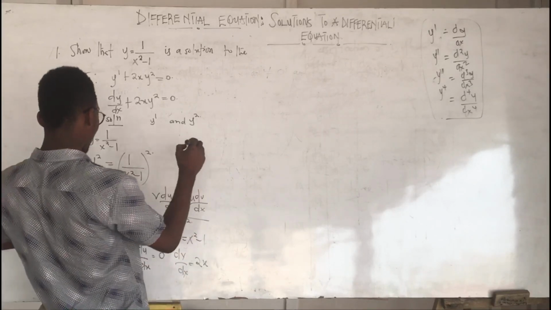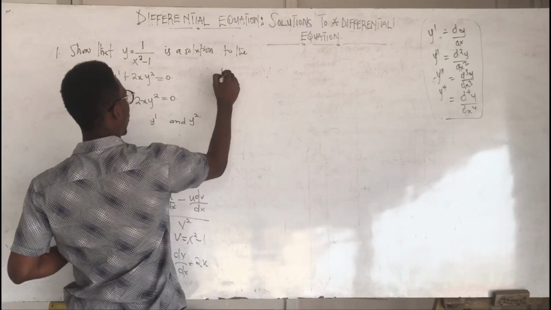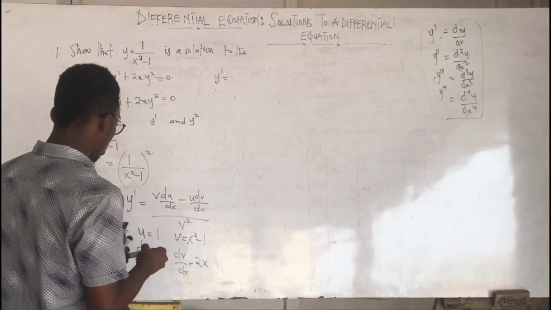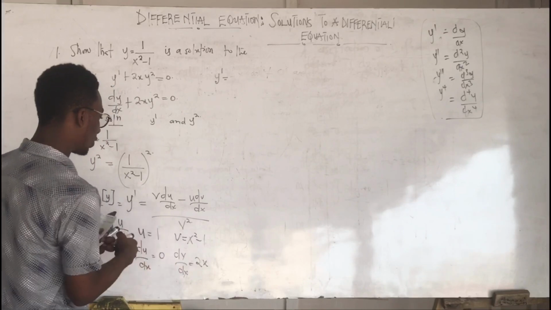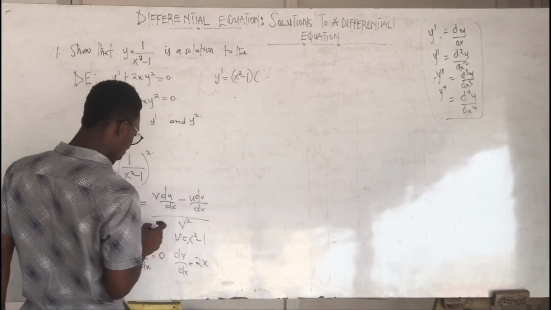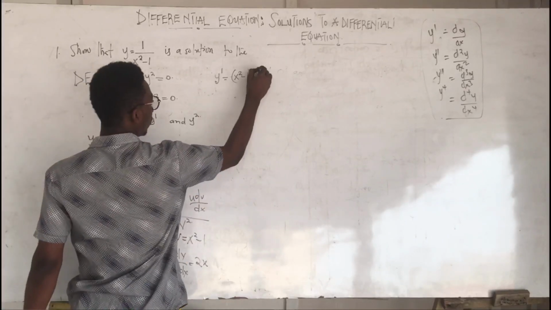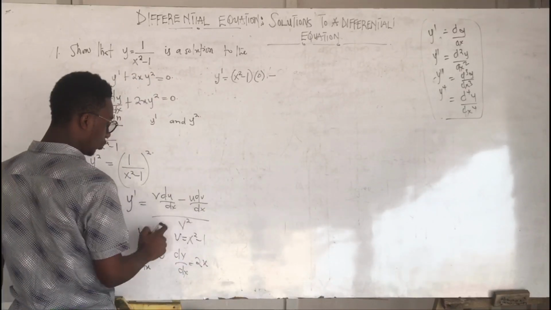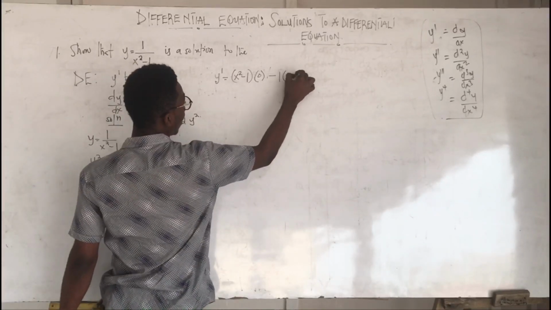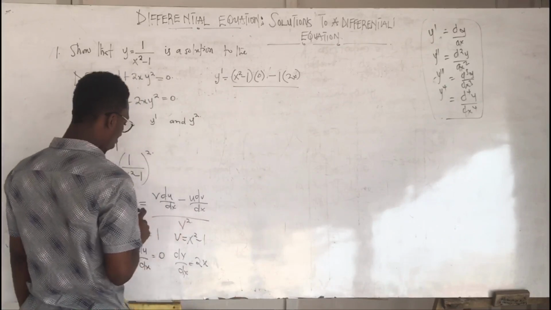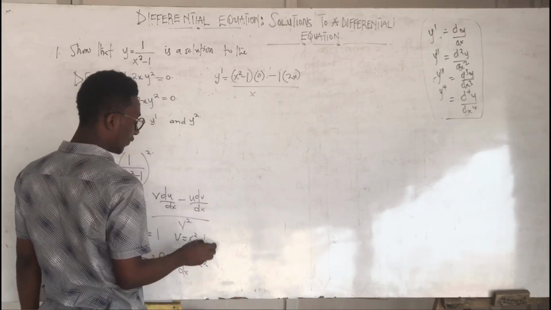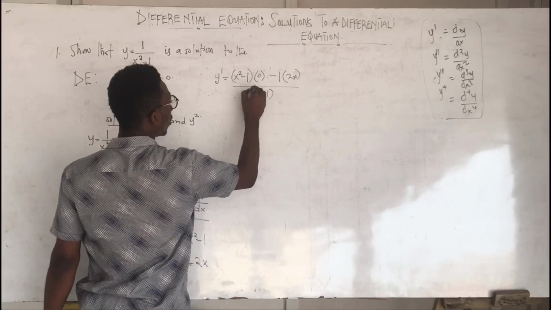So our y prime becomes v, which is x squared minus 1, times du/dx, which is 0, minus u, which is 1, times dv/dx, which is 2x, all divided by v squared, which gives x squared minus 1, all squared.